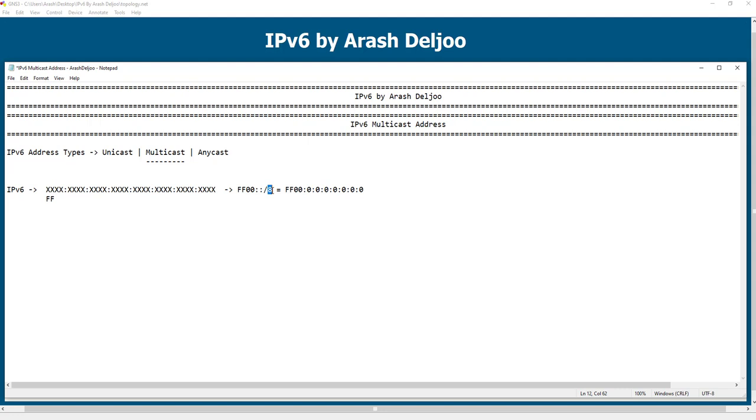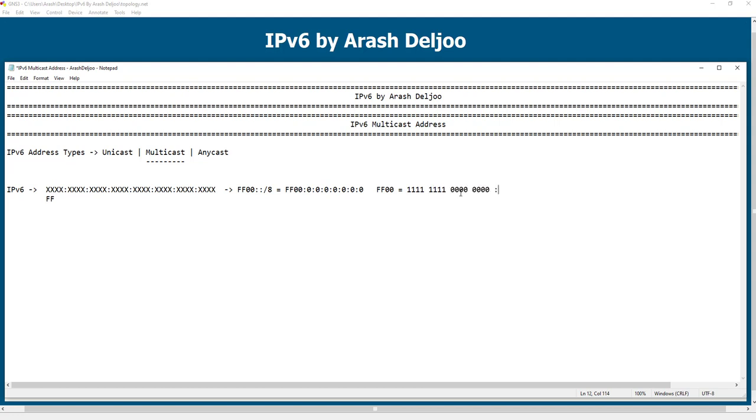This means that 8 bits of this IP address is equal to FF. You know that, for example, this IP address FF00 has 16 bits: 1111 1111, then 0000 0000.